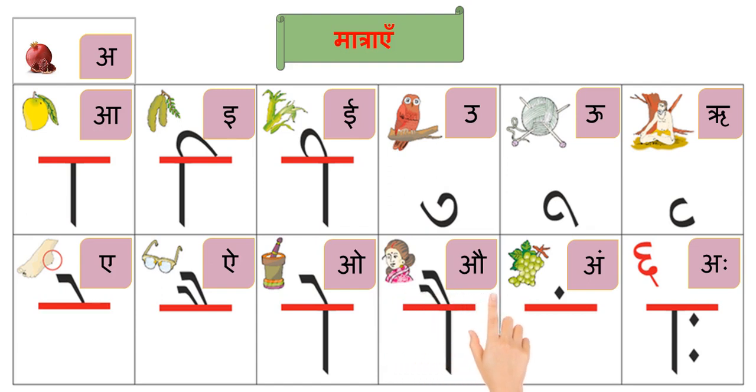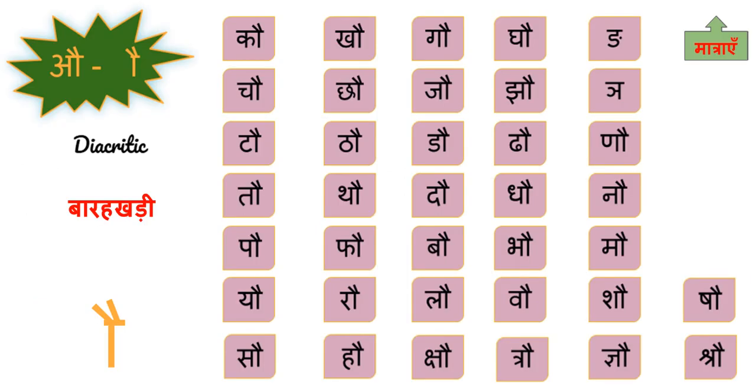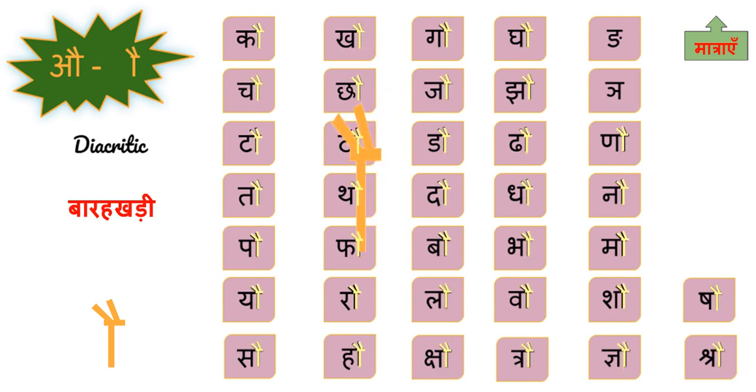औरत वाला औ. औ की मात्रा will look like this, like two left slanting lines on top of English T. When this matra is placed on the consonants, they look like this.